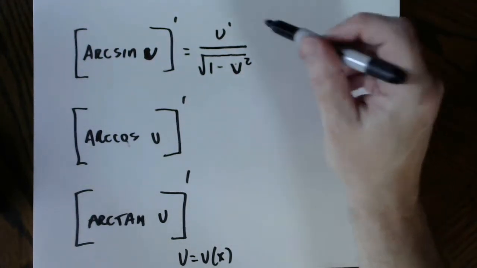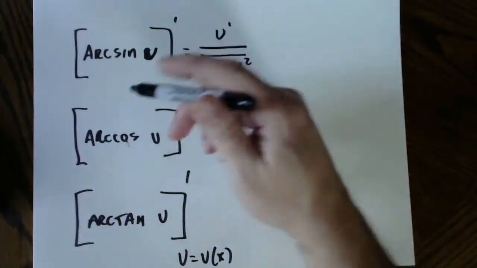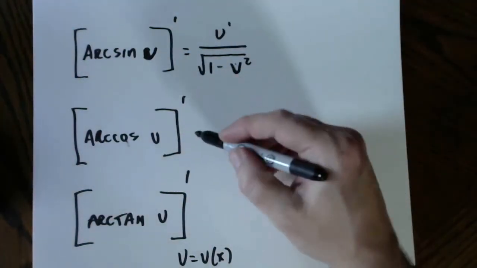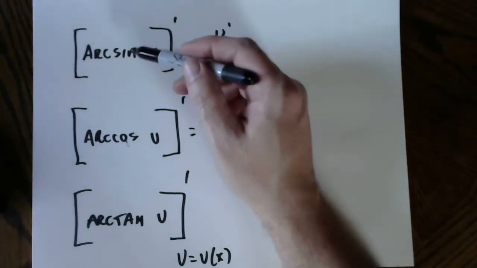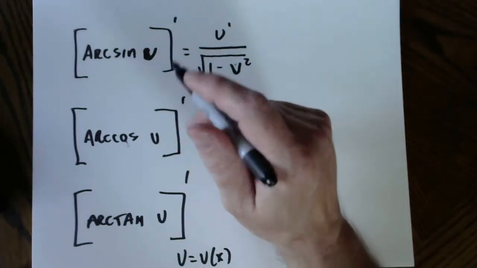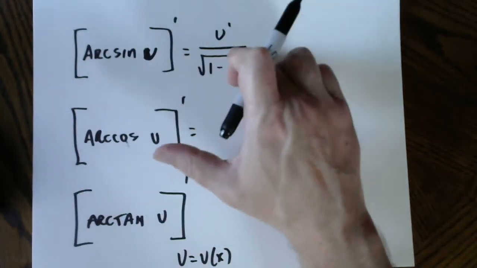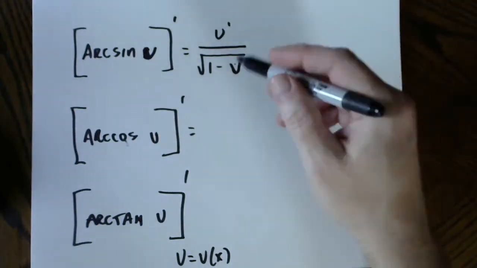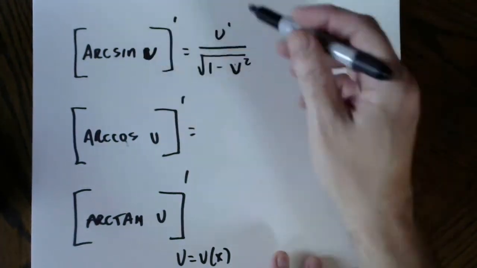So notice the trig element is removed. A common thing that you see is the student who didn't do their homework will write arc cosine over here, because sine and cosine go together. But it's not. The trig element vanishes.